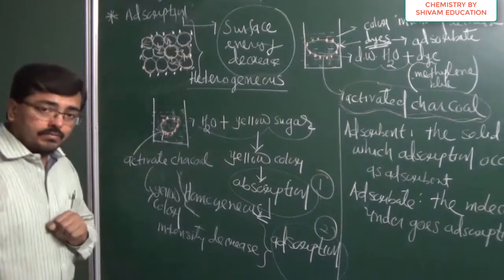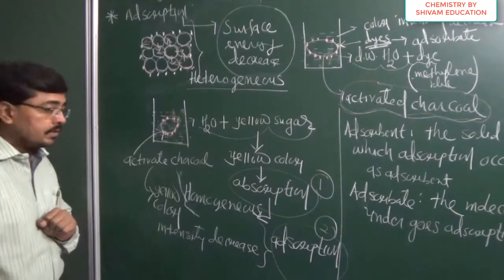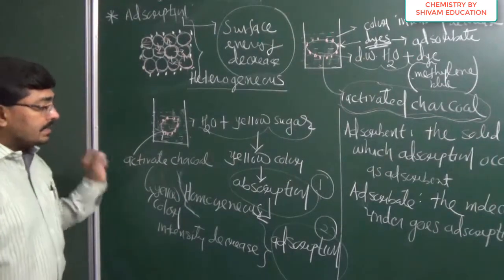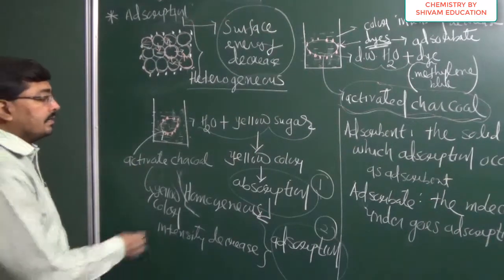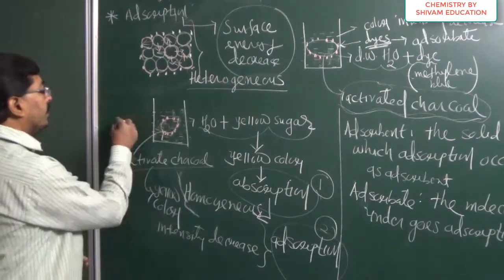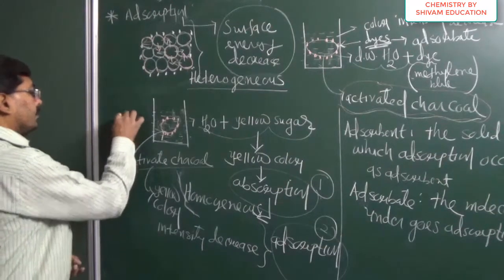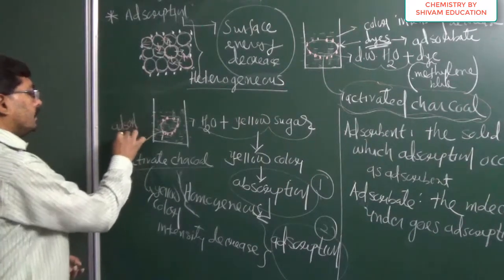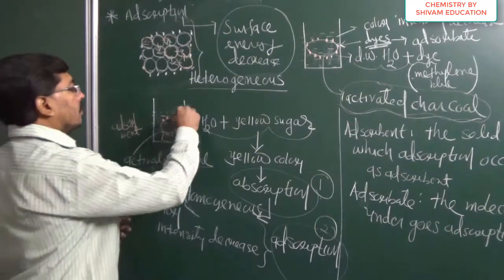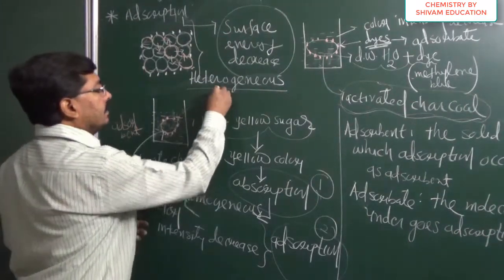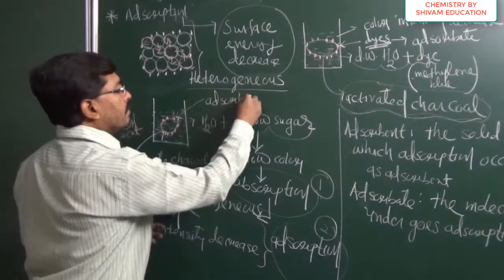Now before we go into a detailed discussion of sorption: here in this case, the activated charcoal that we use is nothing but an adsorbent, and this dye molecule, the yellow color particle of dye, is nothing but an adsorbate.